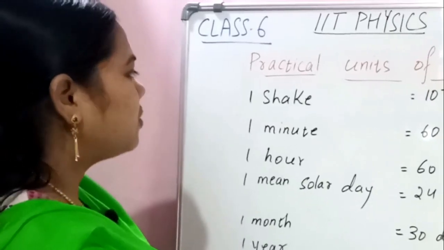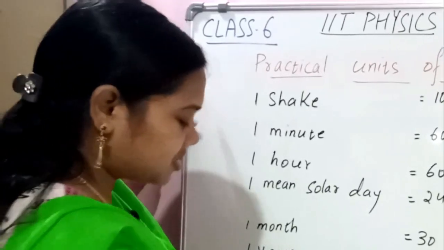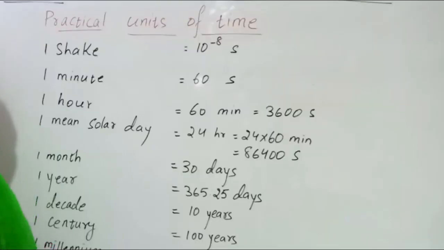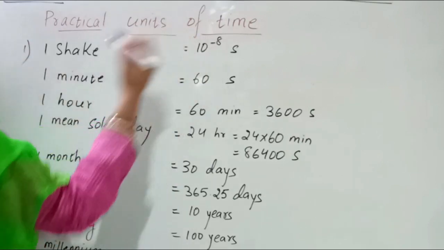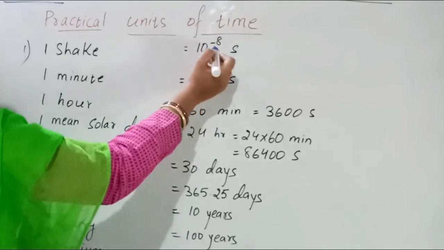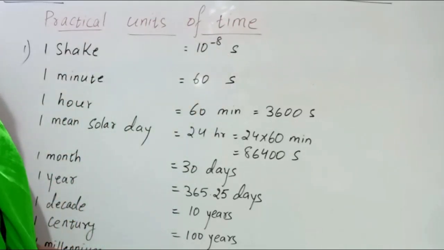Okay, so now we start with the first practical unit. First practical unit is shake. One shake is equal to 10 power minus 8 second. You can see the power is minus 8.